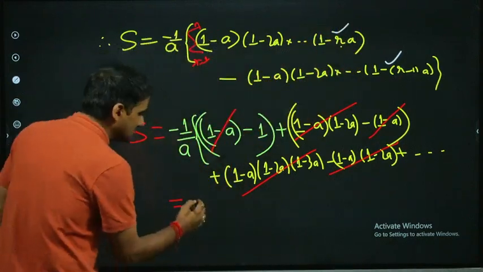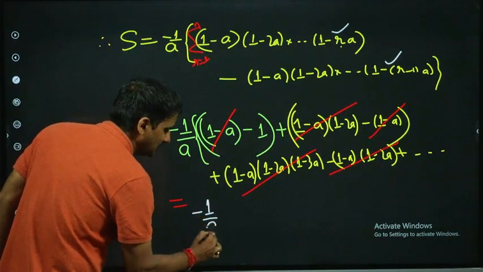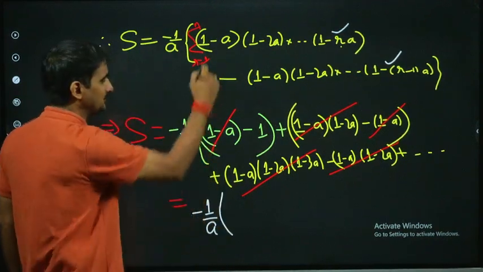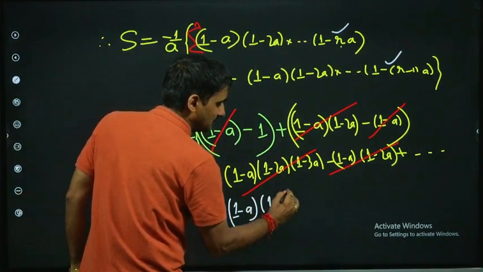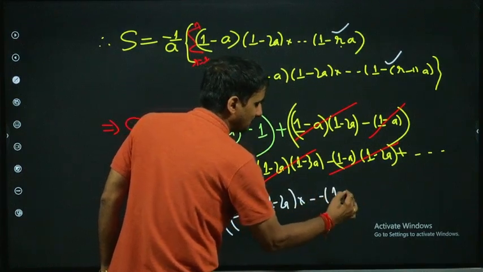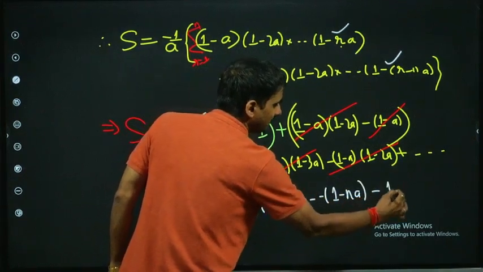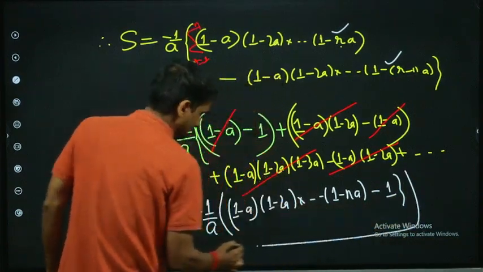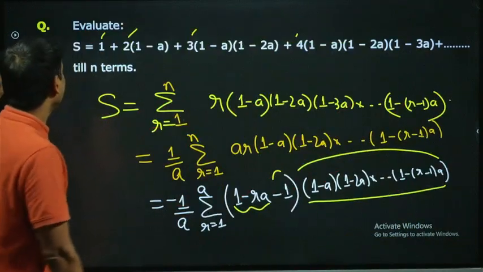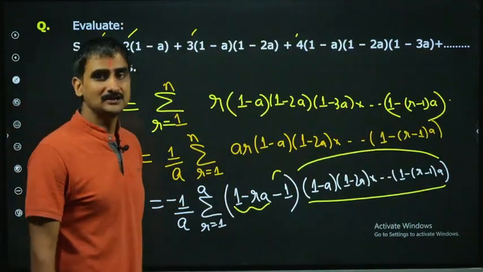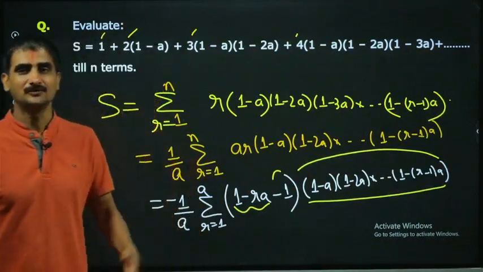Okay, so the answer is minus 1 by A times the positive one, 1 minus A, 1 minus 2A till 1 minus nA, minus 1. All of you agree, isn't that? And that's it. So that's the answer for this series here. So I will say that was a decently good question as a practice for you people.